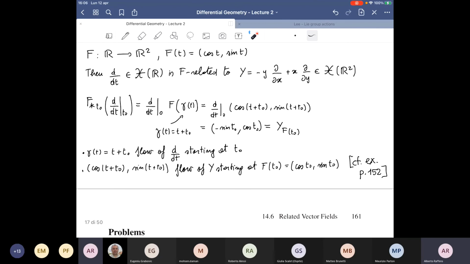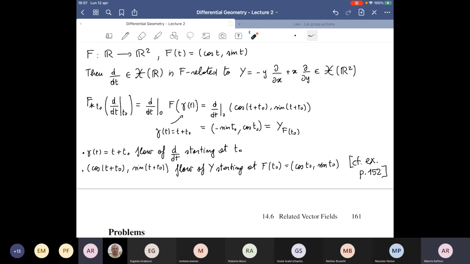And in fact, if you take the differential of f at any time t0 in R, and you evaluate it at the tangent vector d/dt at t0, then remember from last time what we said, the differential you can compute just considering a curve passing through the point t0 at time 0 with tangent vector this vector here, and then consider this curve, apply the function f, and then take the derivative at time 0.